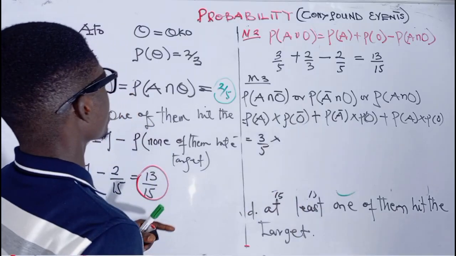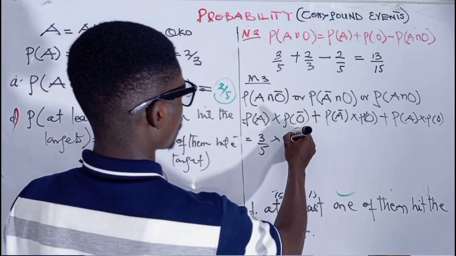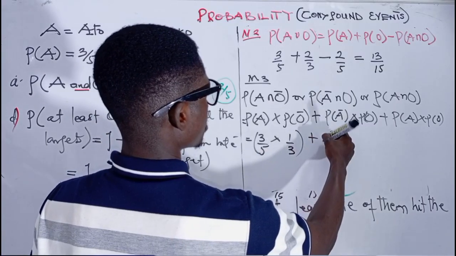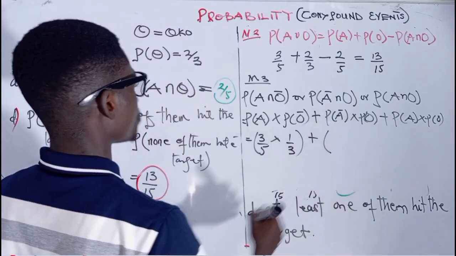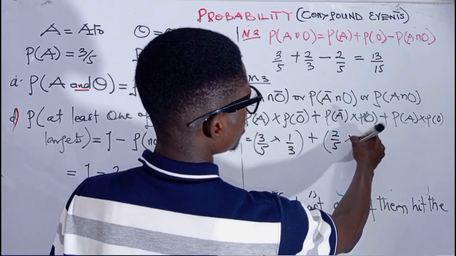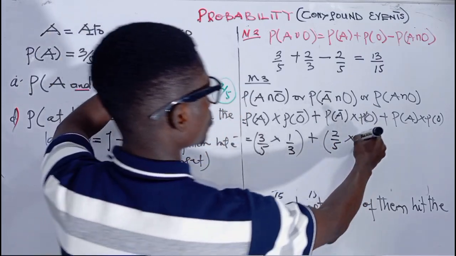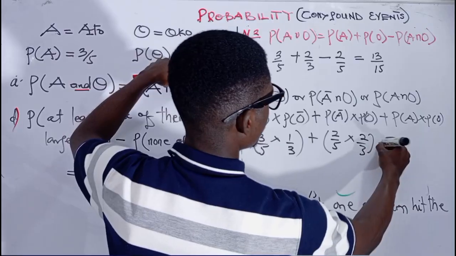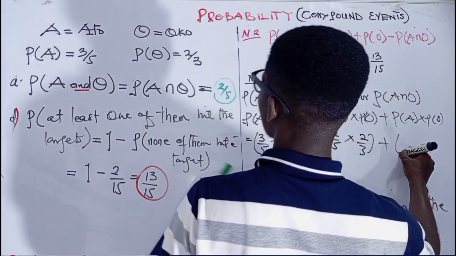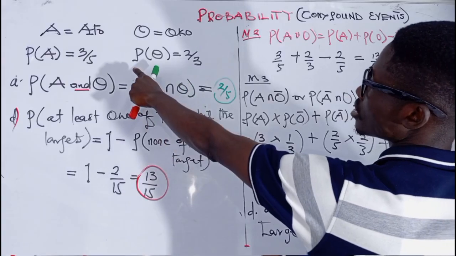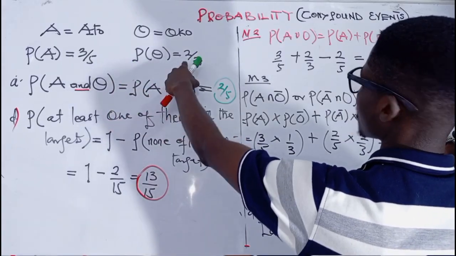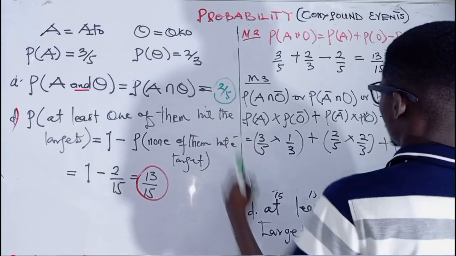Oko missed the target, we had 1 all over 3. Plus Ato missing the target, we had 2 over 5, and then Oko hitting the target, we had 2 all over 3. Plus both of them hitting the target, so we have 3 over 5 multiplied by 2 all over 3.